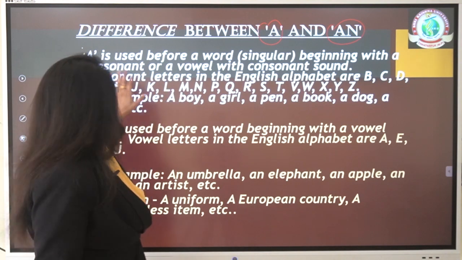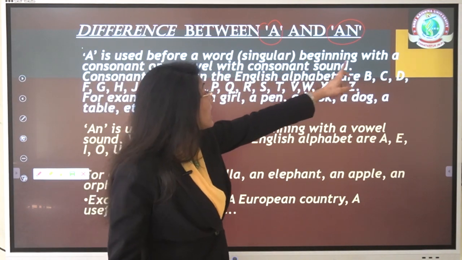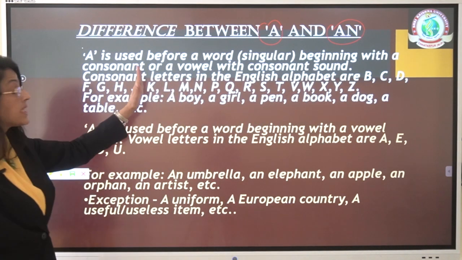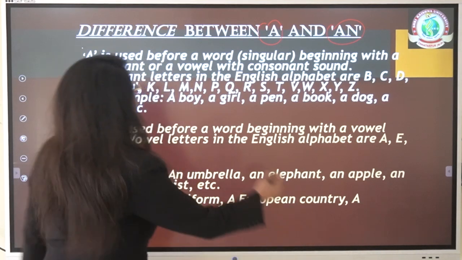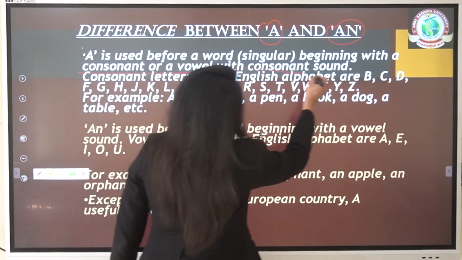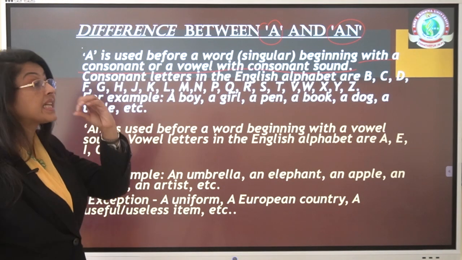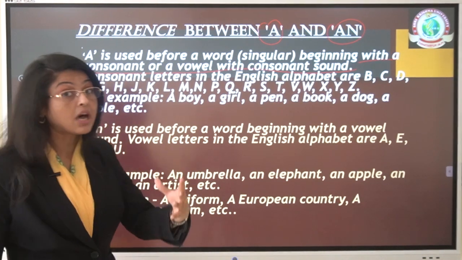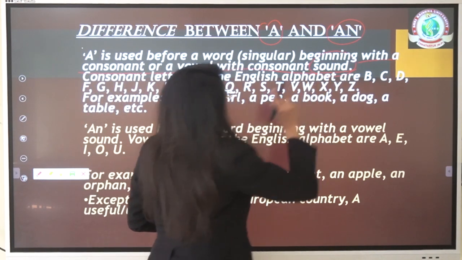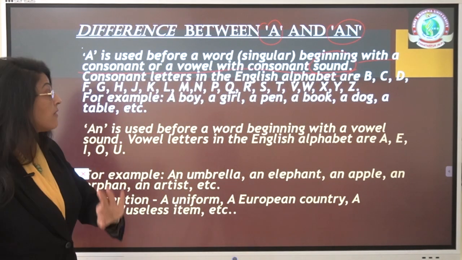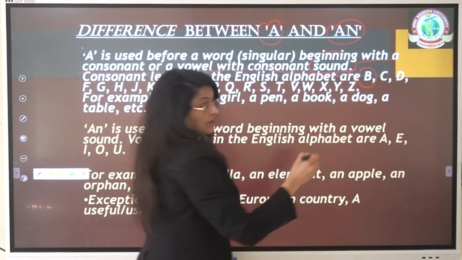Now, a is used before a singular noun beginning with a consonant or a vowel with a consonant sound. This is very important for you to understand. When I say consonant sound or vowel sound, we are concentrating on the sound which is produced at the beginning of the word. We are not concentrating on the letter.